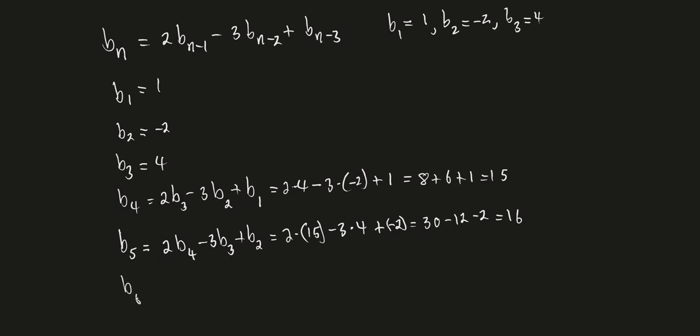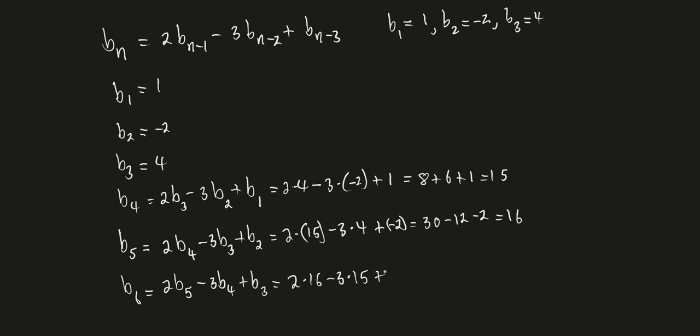So B sub 6. We would take 2 times B sub 5 minus 3 times B sub 4 plus B sub 3. Again, use the values that we already have to generate the next one. So we'll have 2 times B sub 5, which is 16, and then minus 3 times B sub 4, which is 15, and then plus B sub 3, which is 4.